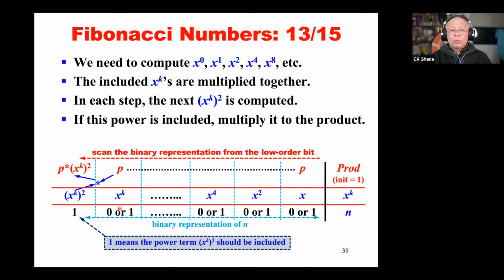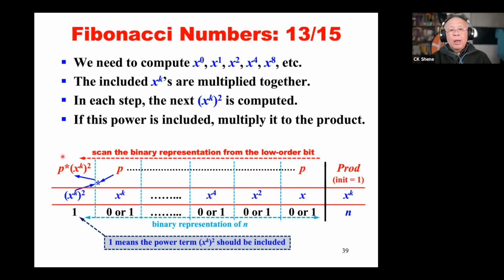So we need the bits of n, running from right to left. We need the variable product to accumulate all of the needed powers. So when a bit in n is 1, we multiply the square of this guy and the previous accumulated product together, we get a new product.